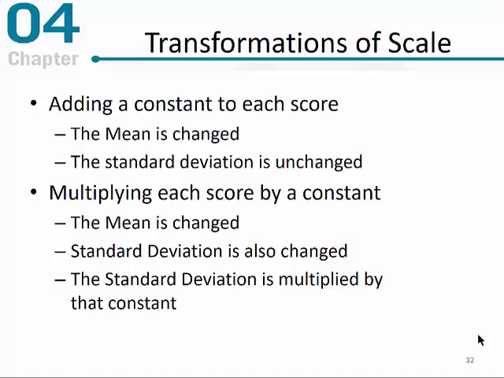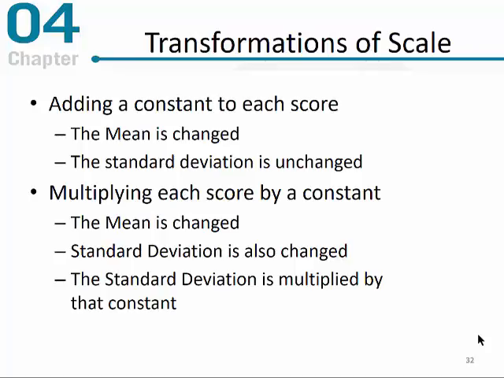However, the standard deviation is unchanged, because if you think about it, the standard deviation gives us the distance from the mean. So if each of the scores changes, for example +3, then everything is shifted +3. So the standard deviation is unchanged, right? Because the distance from the mean is exactly the same as it was before, because you shifted everything 3 over.